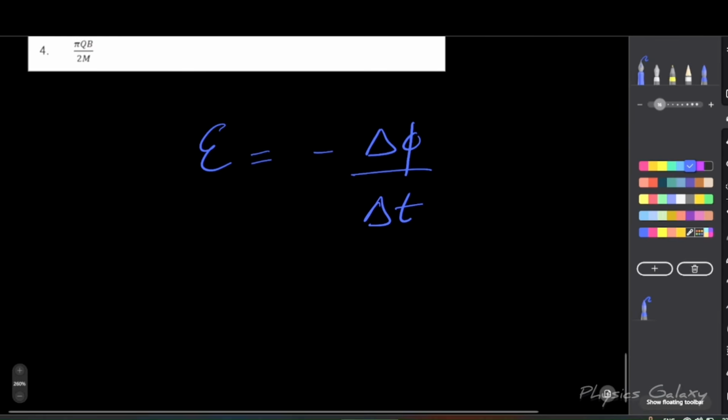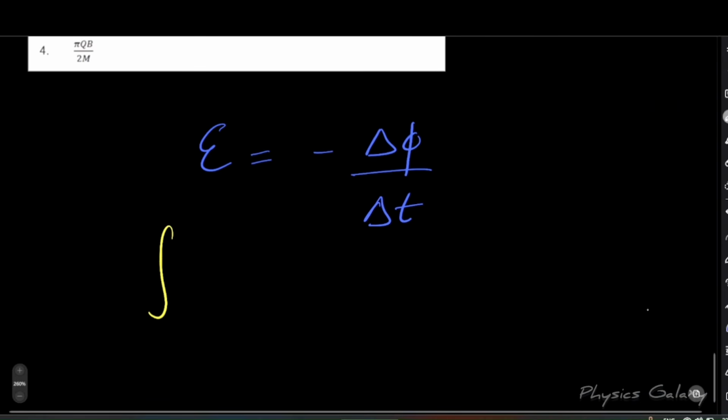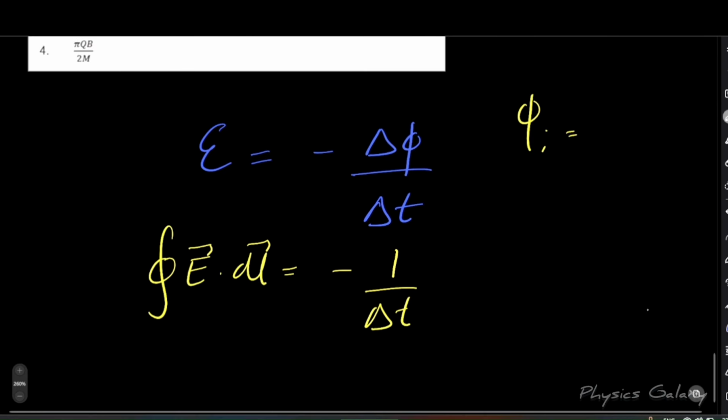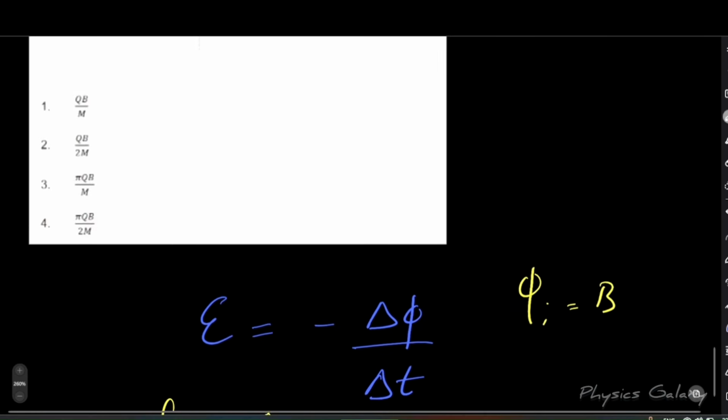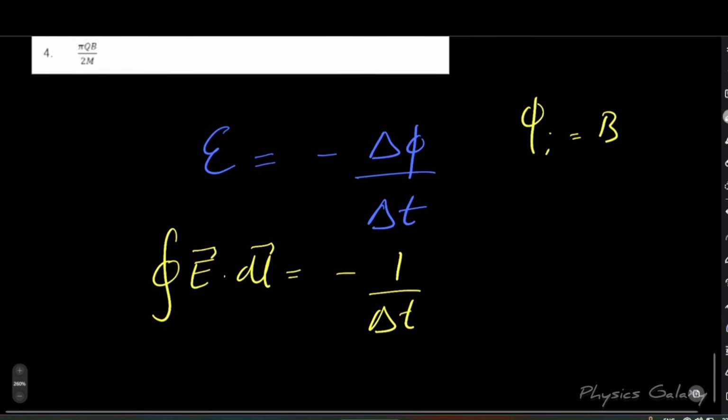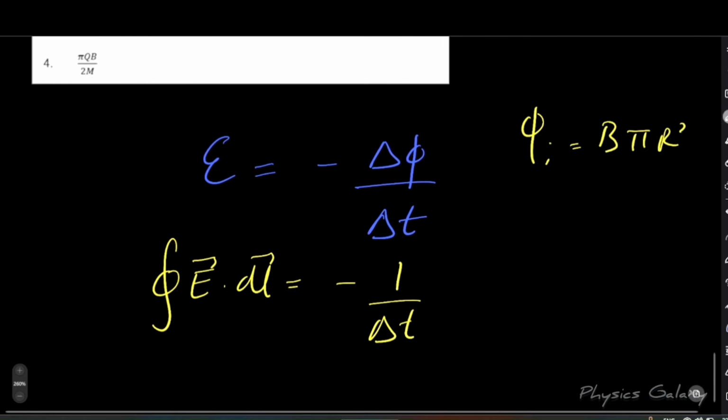So we know EMF equals minus d phi by dt, or we can say del phi by del t, right? And EMF we know equals the integral of E dot dl. So initially, the initial flux was equal to B times the area, so that is equal to pi r square. So this is the initial flux.